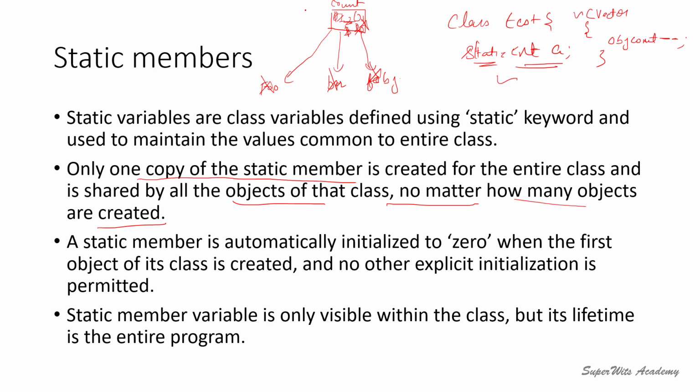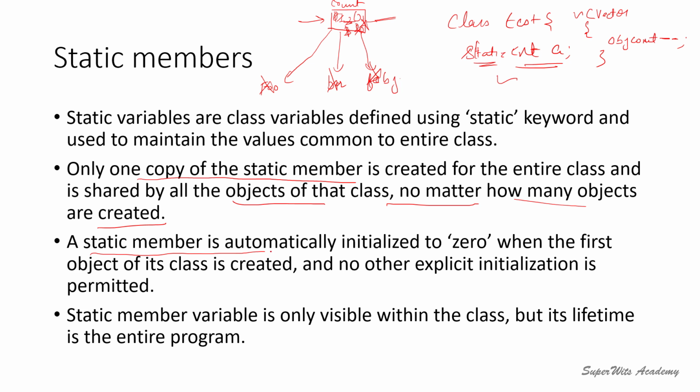So this is how the count has the impact of a single location being shared among all the objects, and most of the time static variables are used whenever we want a common value to be shared by all the objects. That is why we say only one copy of the static member is created for the entire class and is shared by all the objects of that class, no matter how many objects are created, right?